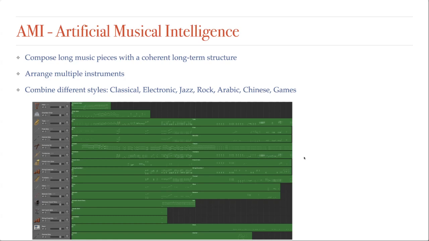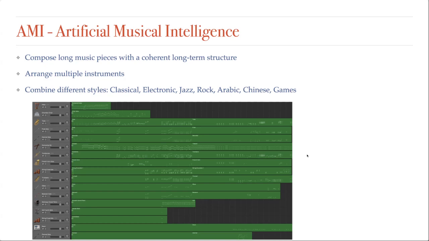Then we fine-tune the models towards different music genres like electronic music, jazz, and rock. More recently, we're extending into different music traditions like Chinese folk music, Arabic music, and game music.